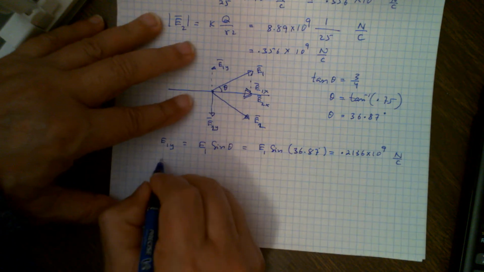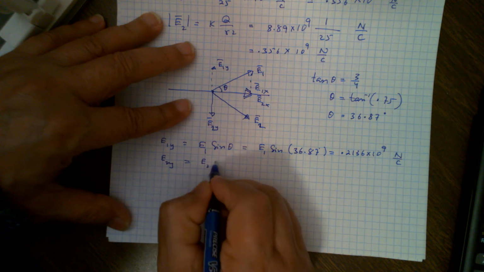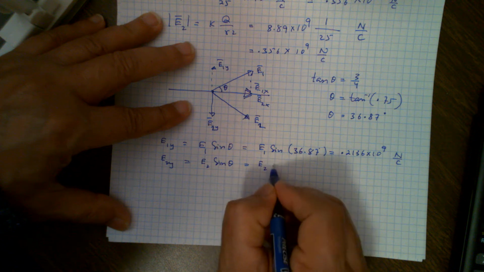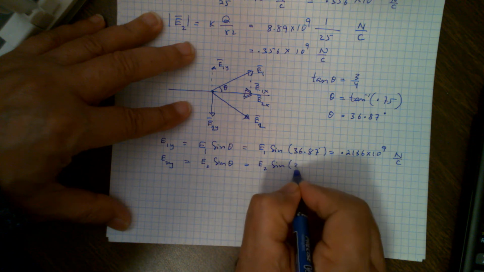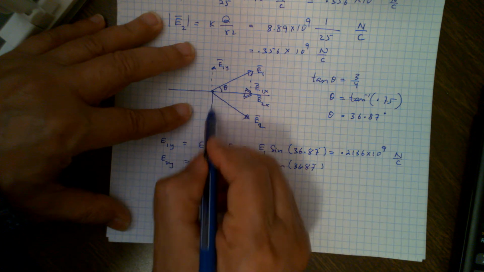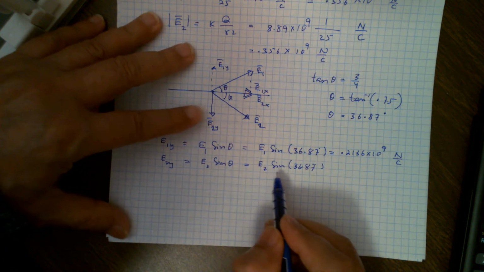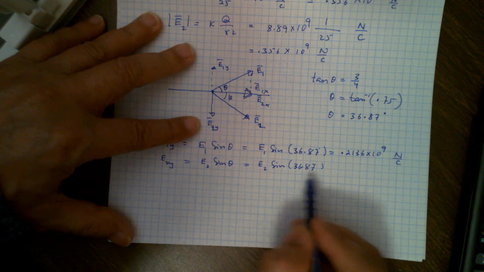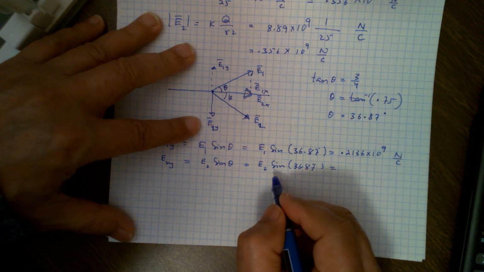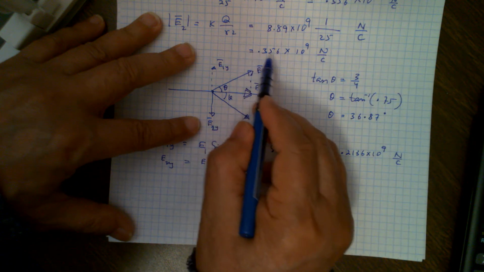And what about E2y? E2y also is the same number. Why? E2y is E2 sine 36.87 degrees, because this also is angle theta. Both E1 and E2 have the same number, 0.356 times 10 to the power 9.